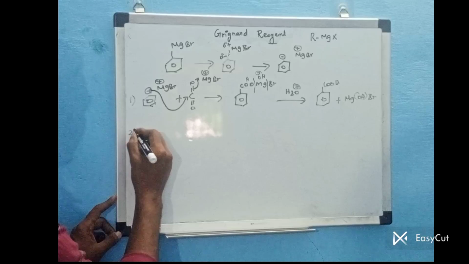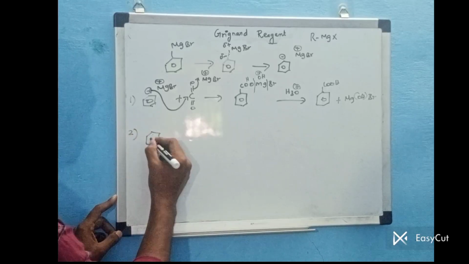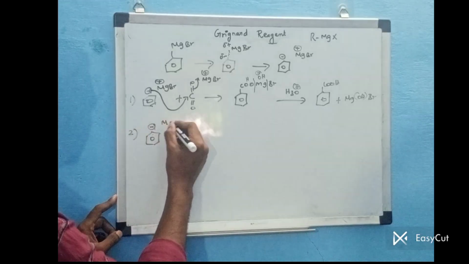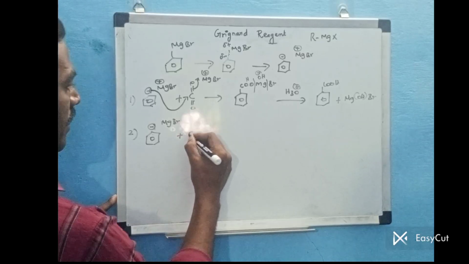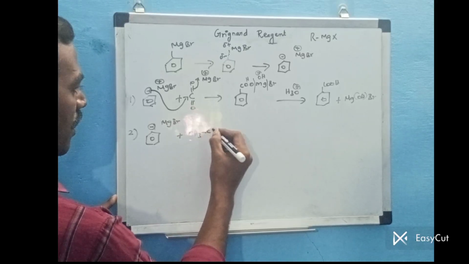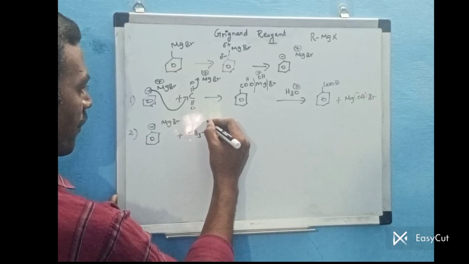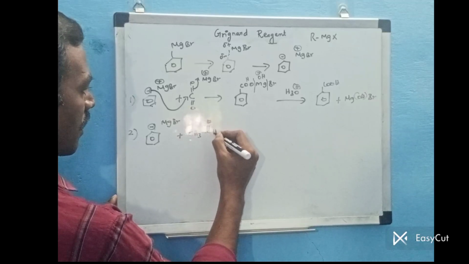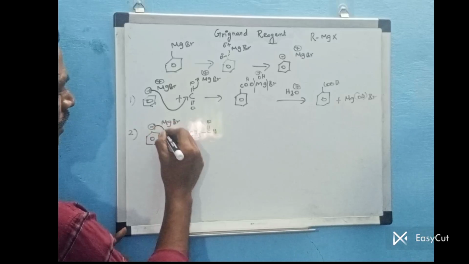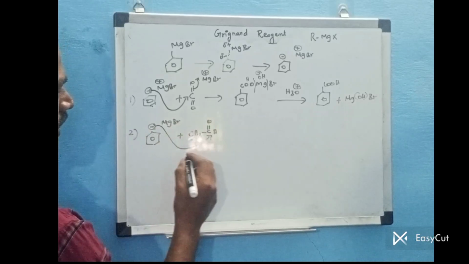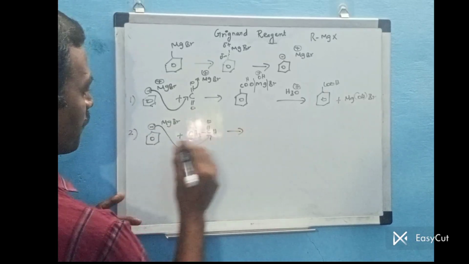Second example, the phenyl anion readily reacts with an aldehyde. I have taken a simple aldehyde called acetaldehyde. So the phenyl anion readily reacts with acetaldehyde. What will happen?